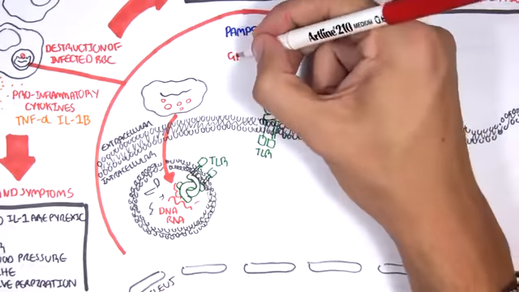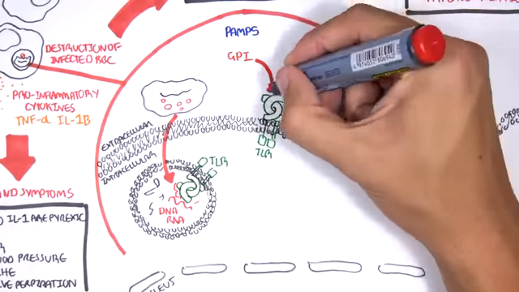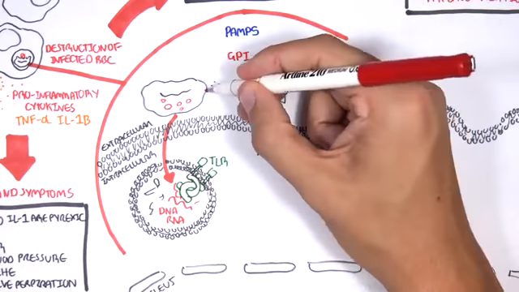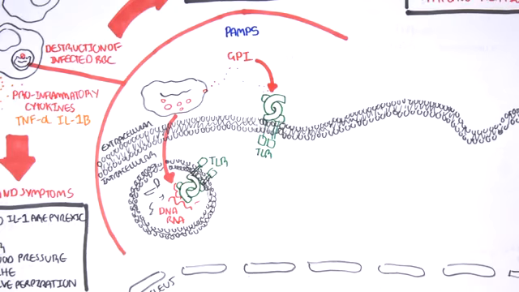GPI, which is another structure found in Plasmodium parasites, can be released when the parasite infects red blood cells. GPI is properly called glycosyl phosphatidylinositol and is recognized also by toll-like receptors on the plasma membranes of immune cells.